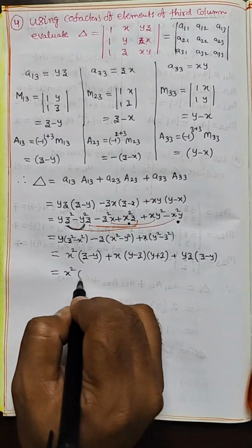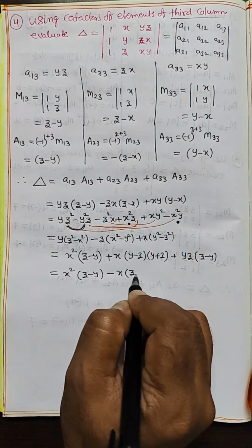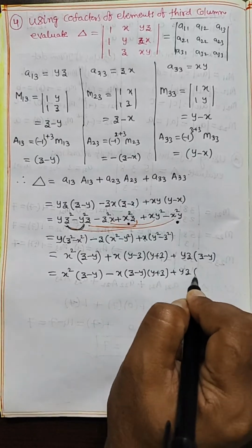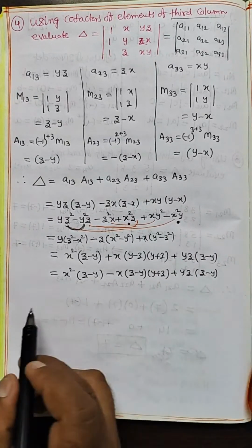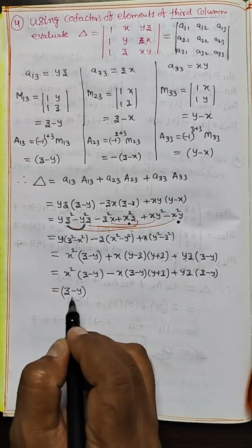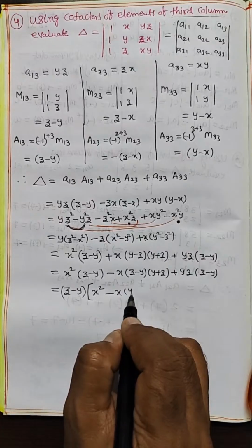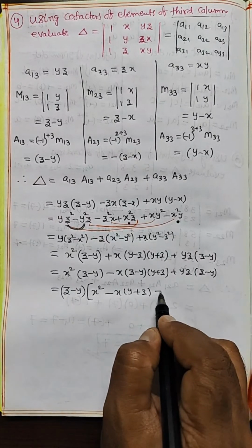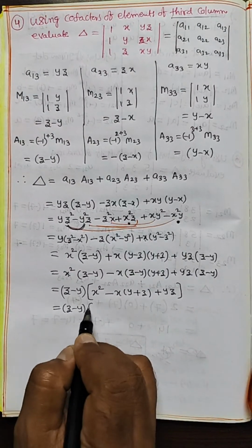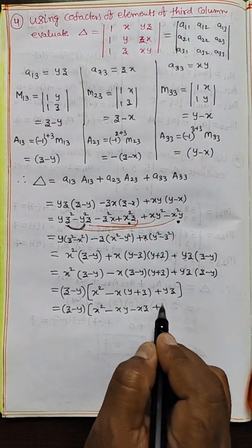So x square into z minus y, minus x into here z minus y into y plus z, plus yz into z minus y. Here little confusion is there. Slowly you can understand. From every term, z minus y take common: x square minus x into y plus z plus yz. So z minus y into x square minus xy minus xz plus yz.